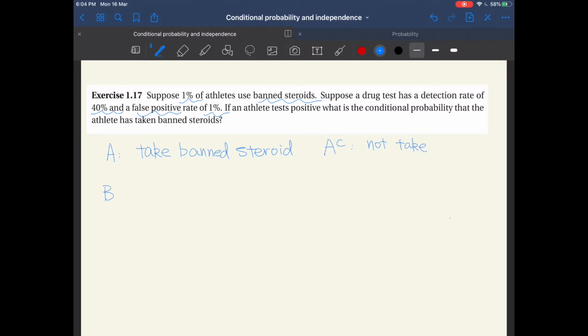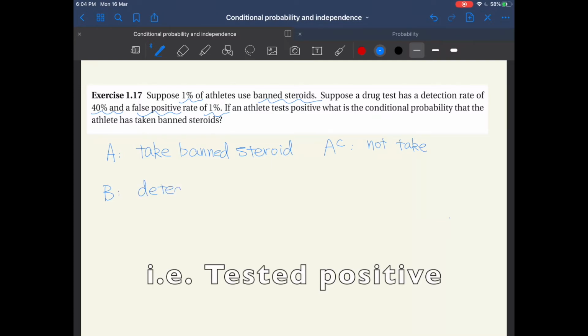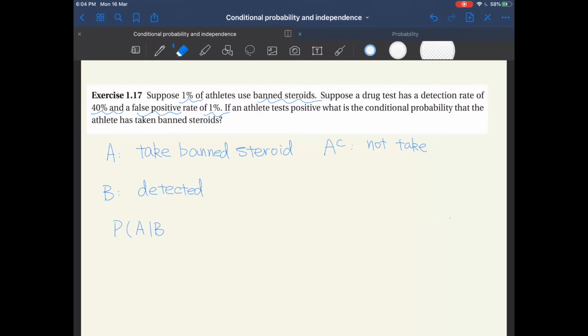And event B is actually being detected for the use of banned steroids. And we are asked, given that the athlete has already tested positive, what is the conditional probability of the athlete actually taking the banned steroids? Alright, so the question is actually asking for the conditional probability of A given B.